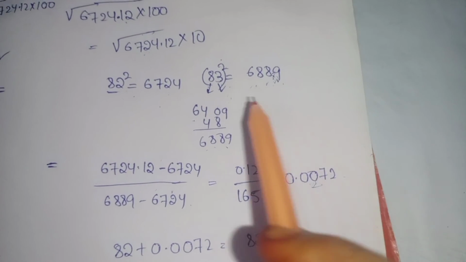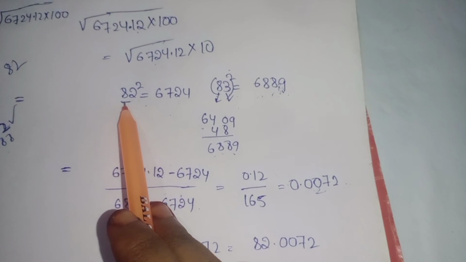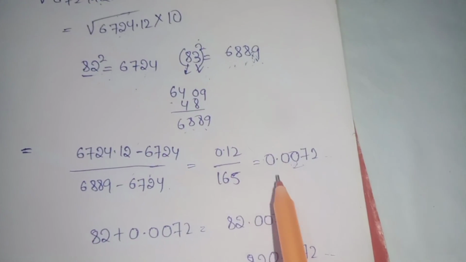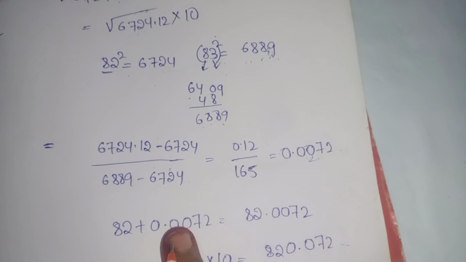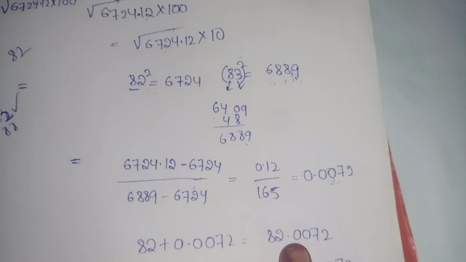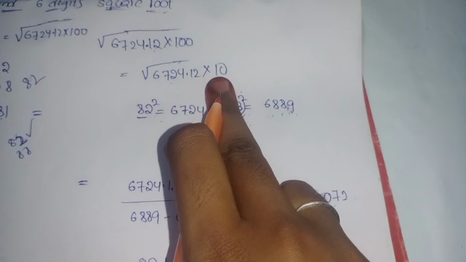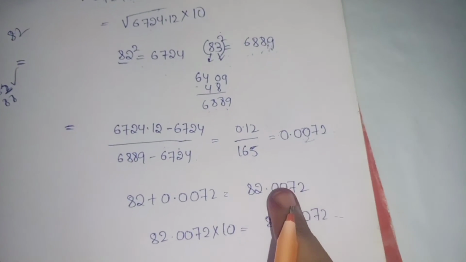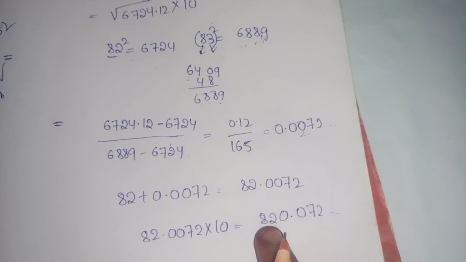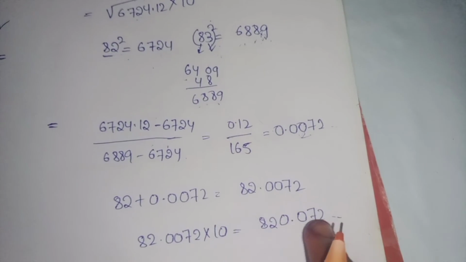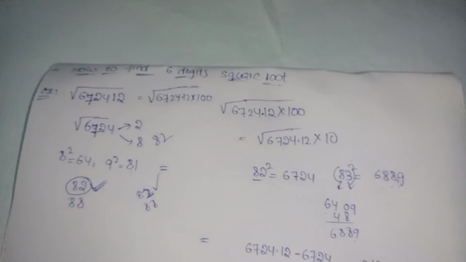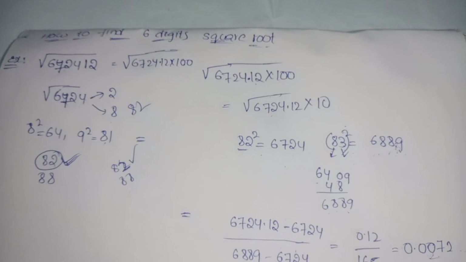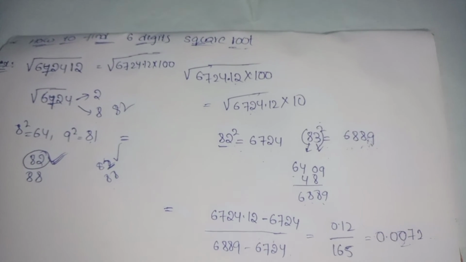And what is the nearest lesser value? 82. So 82 plus 0.0072. Is this my answer? No. We have to multiply this term. Don't forget this term, right? Multiply this term, 82 into 10. I am getting 820.072 as the approximate value. This is the concept of how to find the non-perfect square root of a 6-digit number.